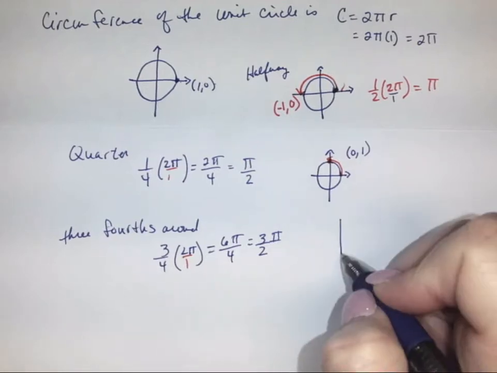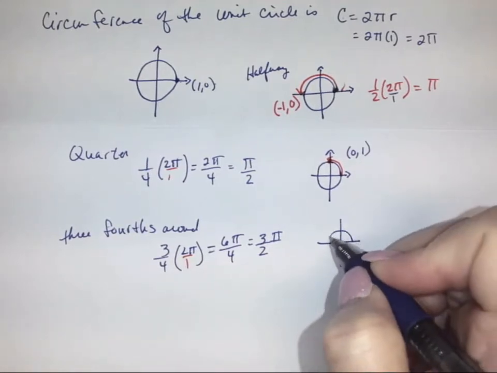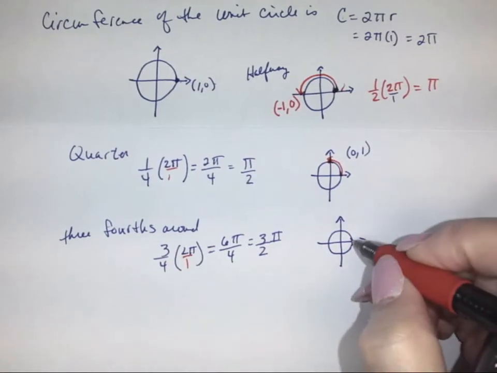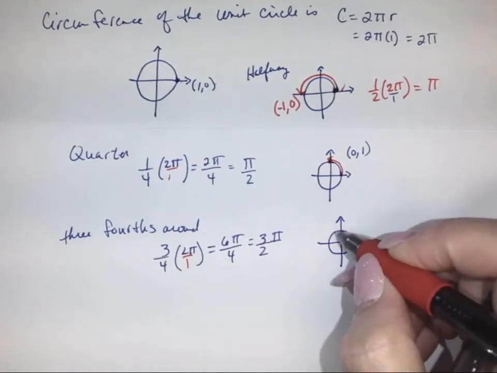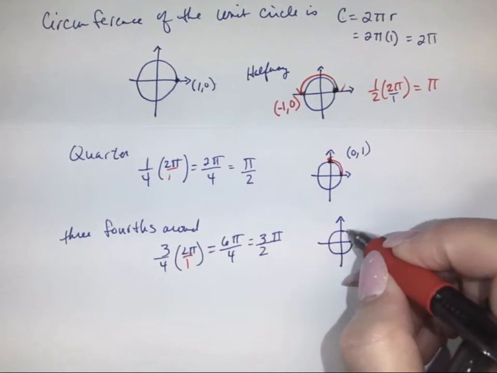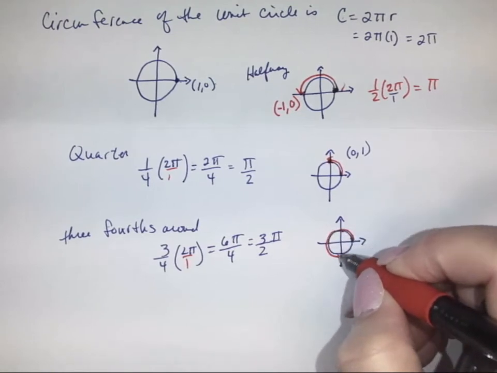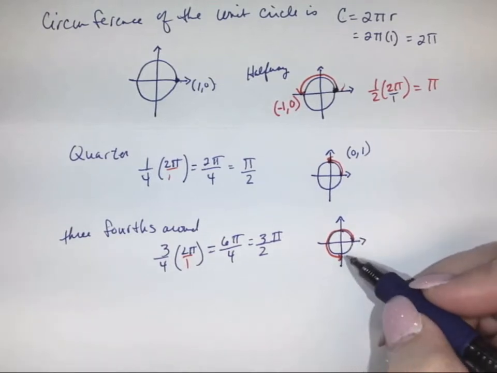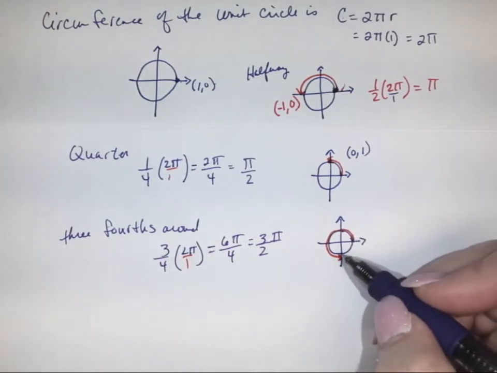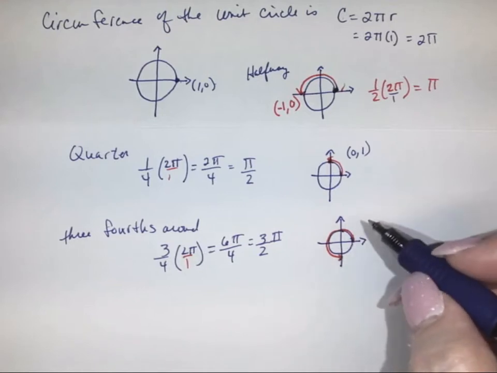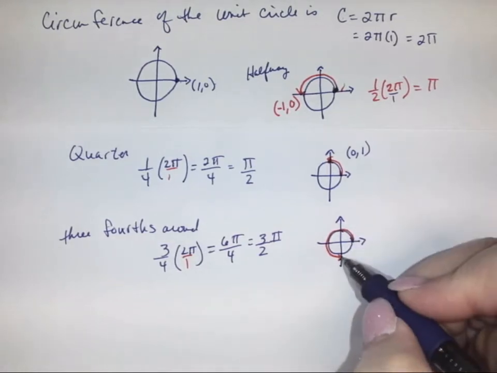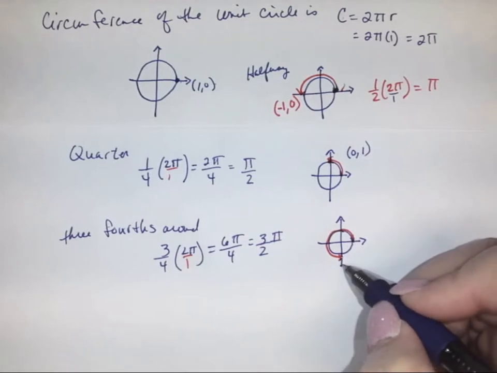So again, where does that land us? Here's our unit circle. We're starting from here. We're going to go 3/4. This is 1/4, 2/4, 3/4. So we're going to go 3/4 of the way around. And this point is on the y-axis.